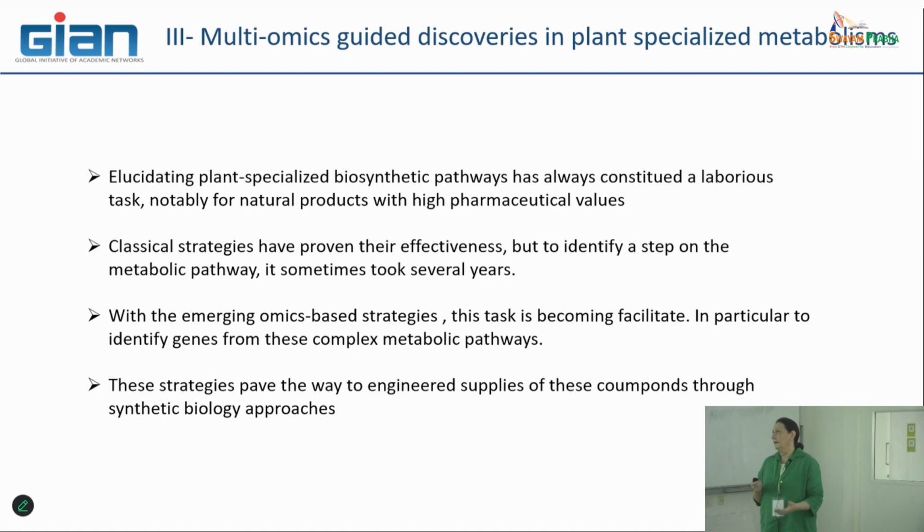It could take several years, depending on the difficulty of having access to this information, and also mainly if this enzyme is part of one of the biggest families of enzymes, and that is always the question.